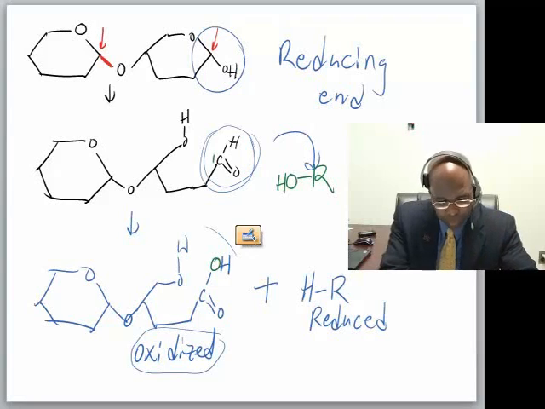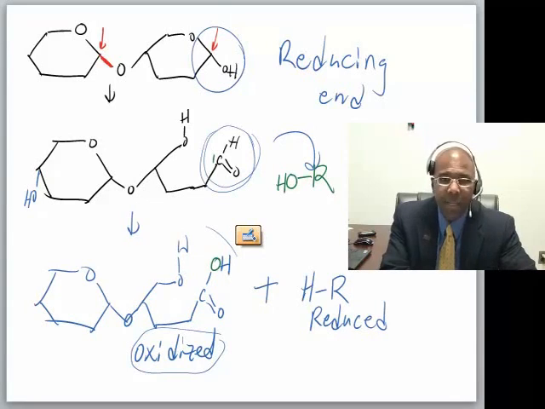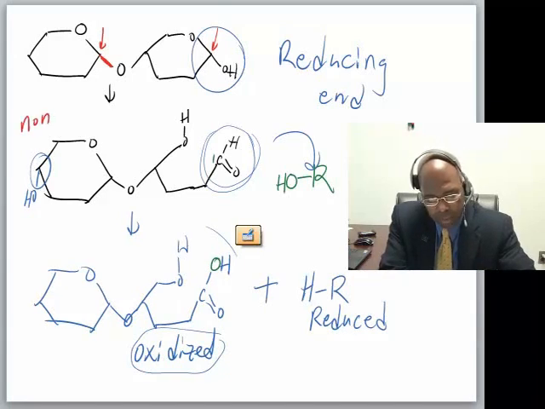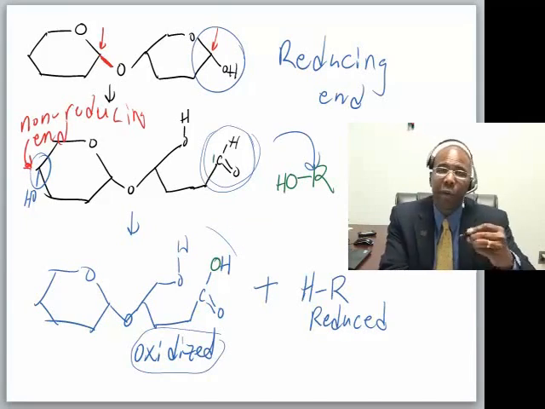However, this end over here, let's say this oxygen was down. This can't open up. There's no way this can become an aldehyde. So this end can't reduce anything. So this end is called the non-reducing end, because there's no anomeric carbon over here.